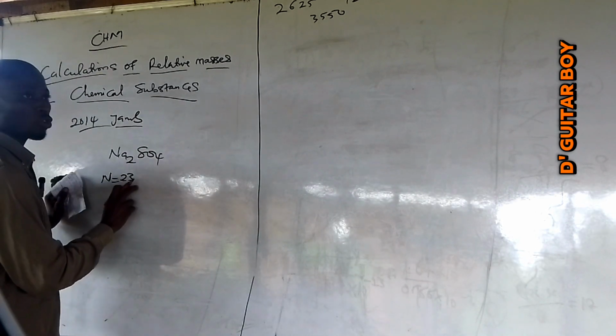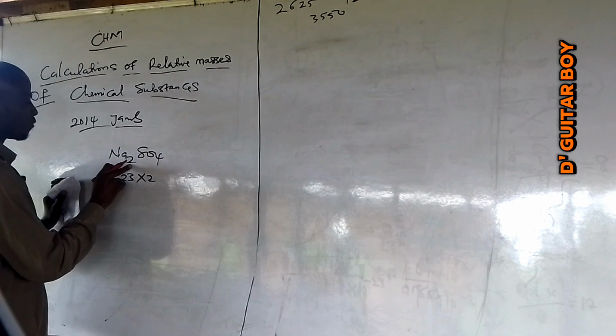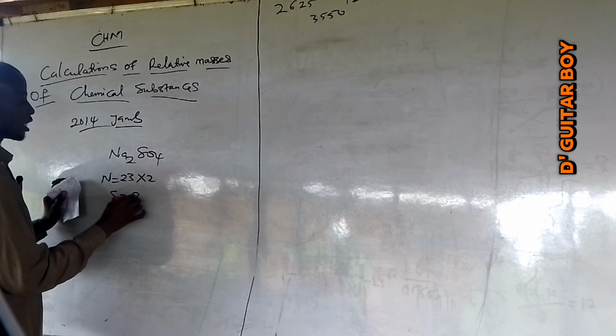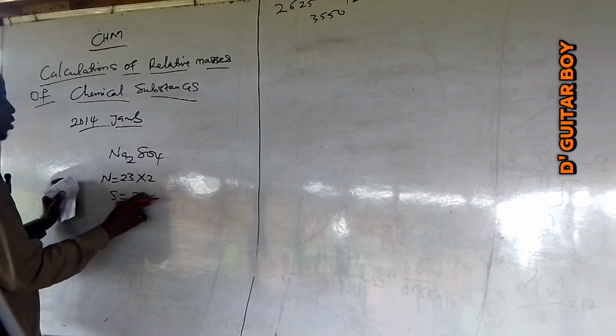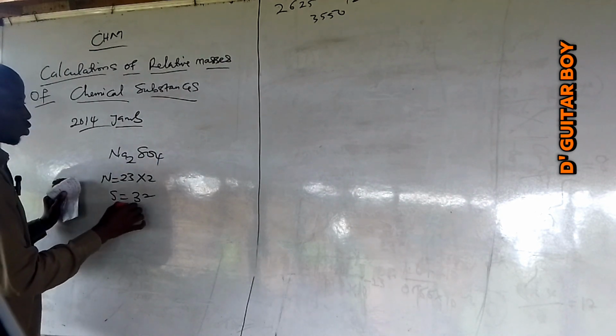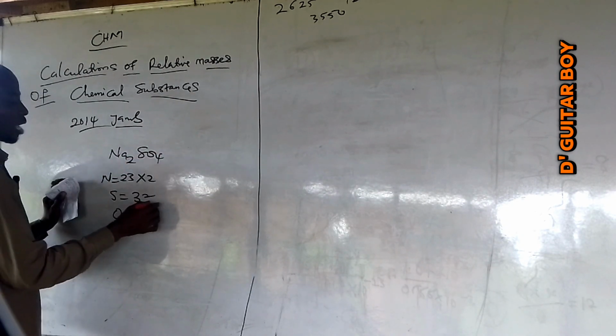The relative mass of sodium is 23, and you say times 2. You have 2 sodium here, you see 2 here. The relative mass of sulfur is 32. The relative mass of oxygen is 16, but you have 4 oxygen here, times 4.